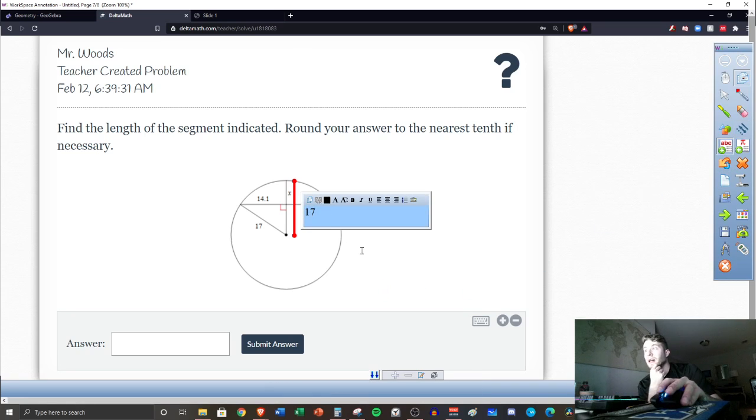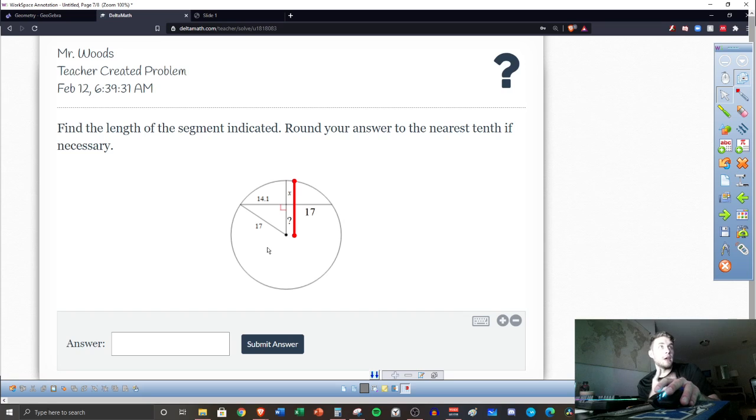Why is that? Because it is the radius. So 17 is the radius here, that means the whole thing has to be the radius, 17. So what we need is this part here to help to find it, which means we need this small part.